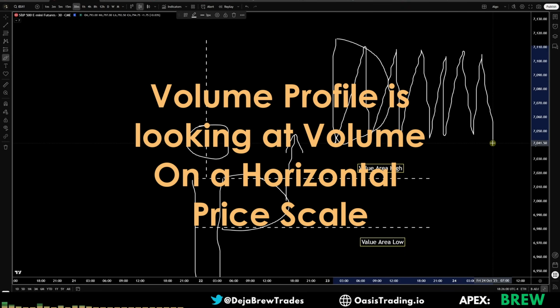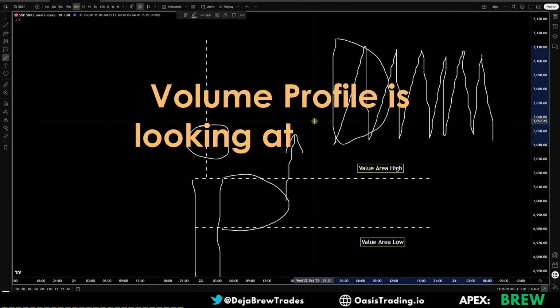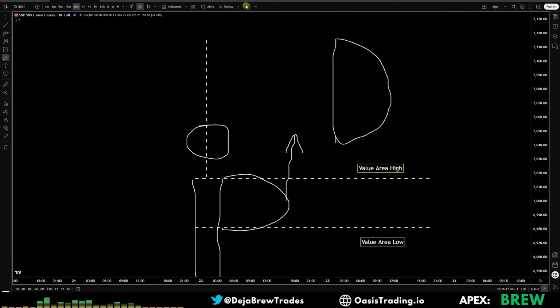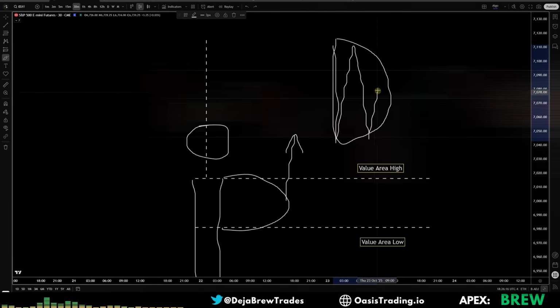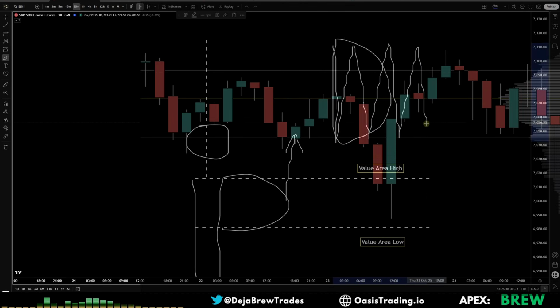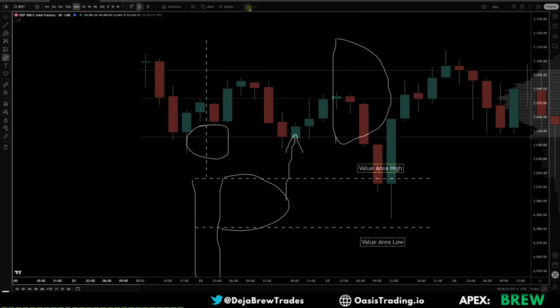Volume profile is looking at volume on a horizontal price scale, not a vertical time scale. So how we build that node up is we are respecting that price. We are continuously finding volume on that price, in that general price area. We are rotating in that general price area. That is what creates that node.